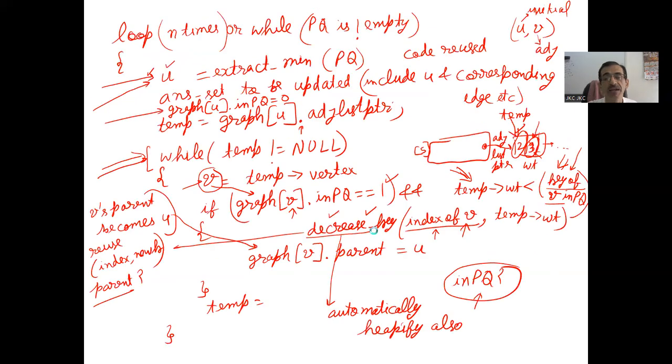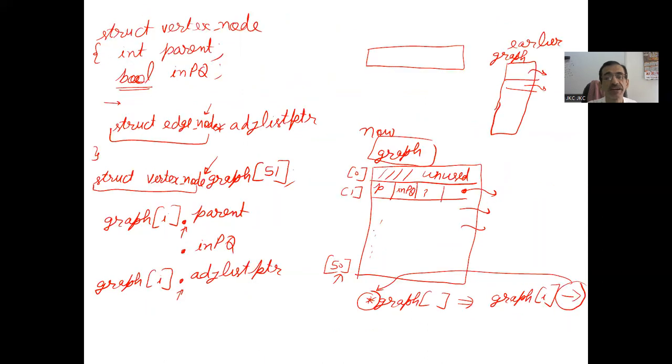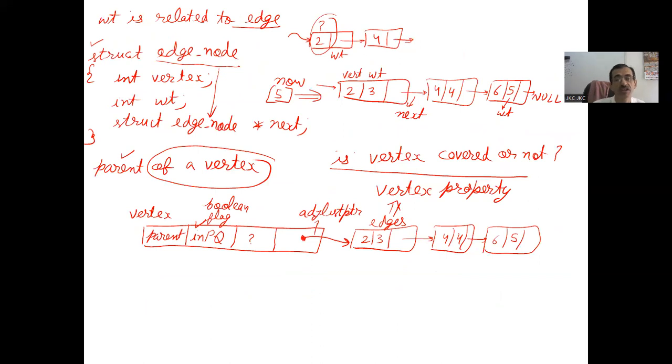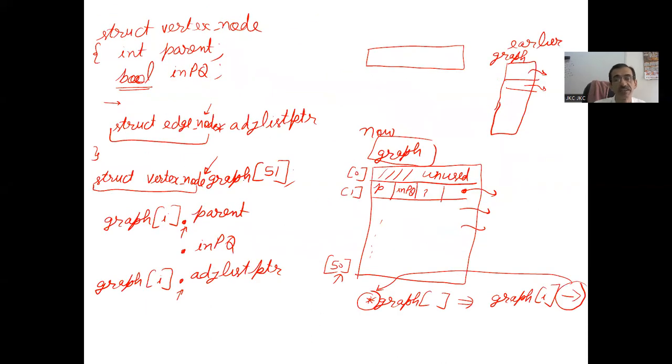Meaning that I go back to where I initially declared my vertex structure, and I left one extra field here. So I will say int PQ index. This is what I have extra in the new structure. So this field is nothing but PQ index, which I have added extra.